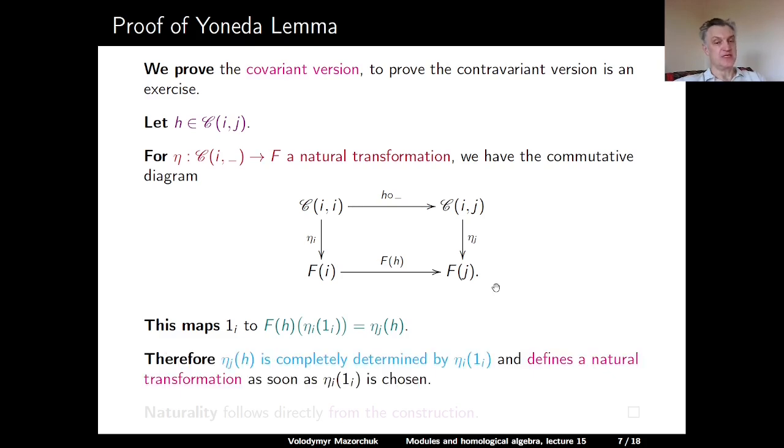In other words, this means that the value of eta_J on h is completely determined by the value of eta_I at the identity on I. Moreover, by choosing the value of eta_I at the identity on I, we uniquely determine eta_J of any h and define in this way a natural transformation eta. So this means that such natural transformations are indeed in bijection with elements of F(I). And the naturality here follows directly from the construction.